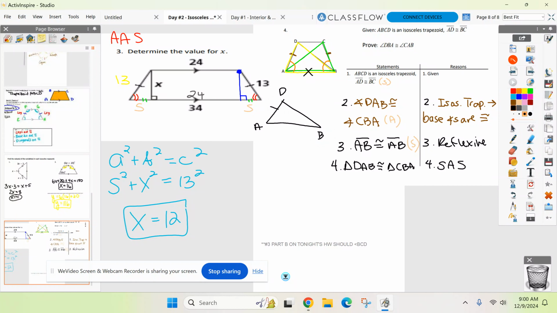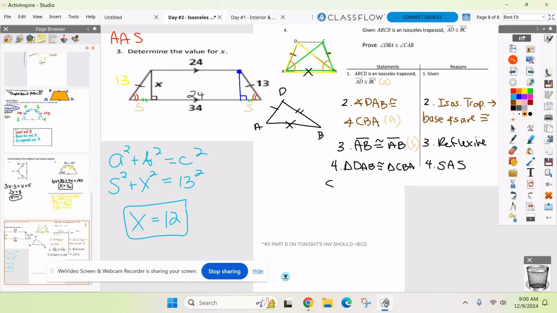You would have had DA, the angle, and here. Is that angle in between? No, right? If you wanted the diagonals congruent, you would have needed to do reflexive, diagonals congruent, and side, side, side, because the angle wouldn't have been in between.